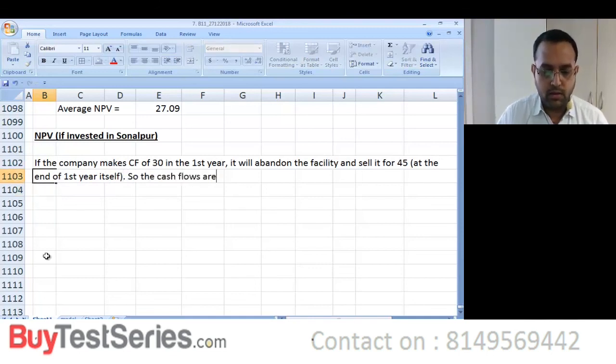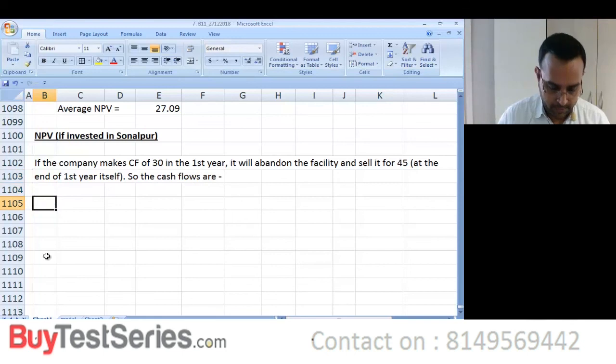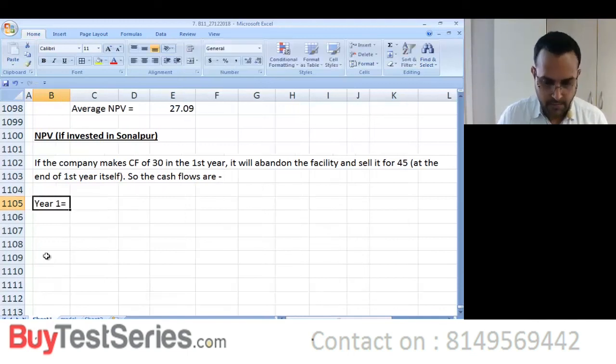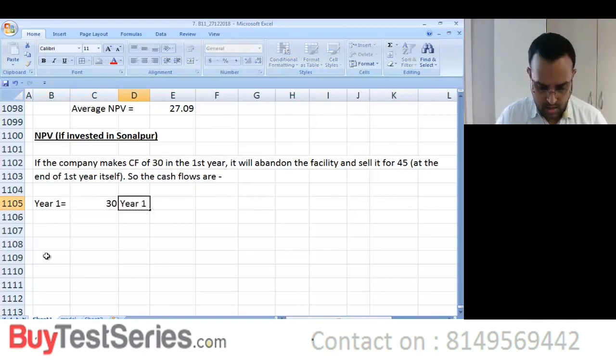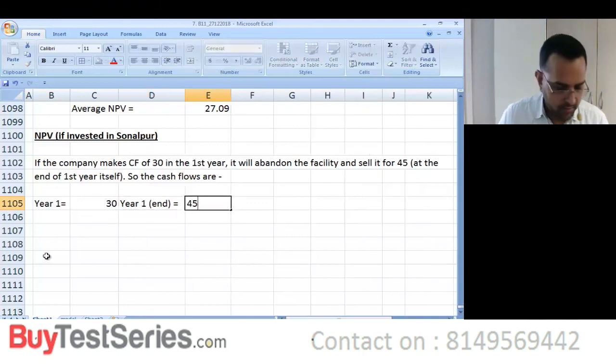So the cash flows are year 1, 30, year 1 end, 45.